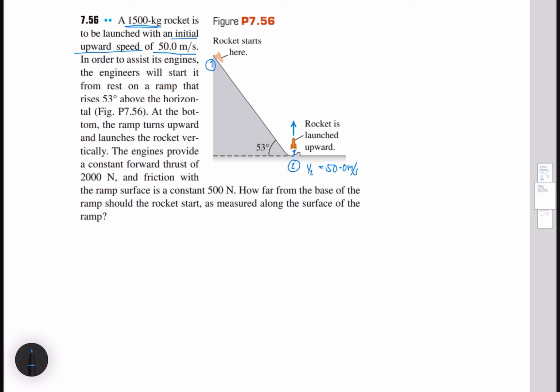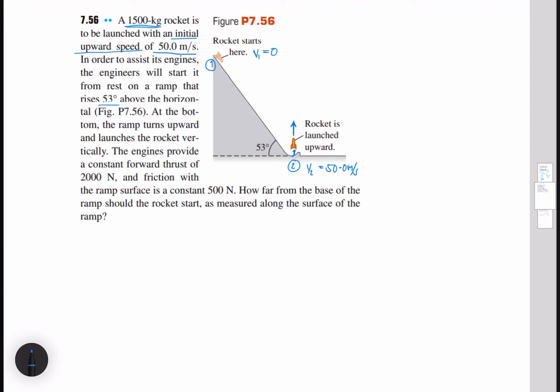In order to assist its engines, the engineers will start it from rest. Meaning at point 1, it started from rest. Therefore, we can say that V1 is equal to 0. And then, of course, we have the angle, which is 53 degrees above the horizontal.